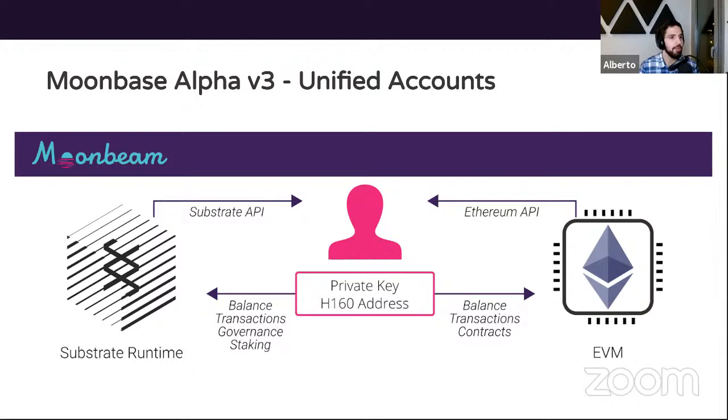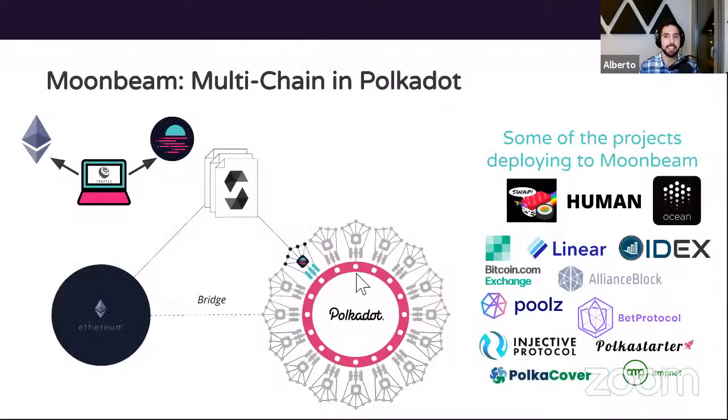Let's see. I'm not familiar with Polkadot. Yeah, so Polkadot, let me go back to this image because I think it explains it somewhat easily, right? So Polkadot, let's say, is a blockchain that acts like a director, a musical director, right? The idea is that all these different blockchains connect to this main ring, which is another blockchain.